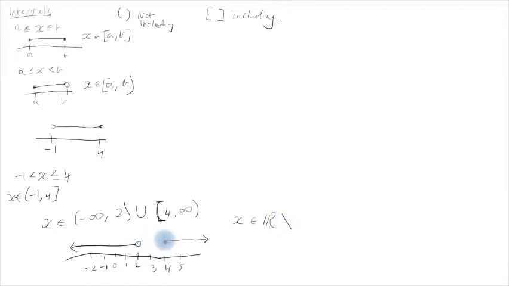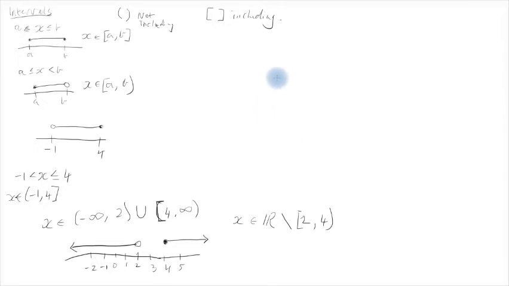So we want to exclude the number 2, because 2 is not allowed, and it's square brackets because we want to exclude the actual number 2, all the way to the number 4, not including 4. We don't want to exclude the number 4 because it's included in what we've got there. So x is within all the real numbers, excluding the interval from 2, including 2, to 4, not including 4. So there's an alternative way to write that.